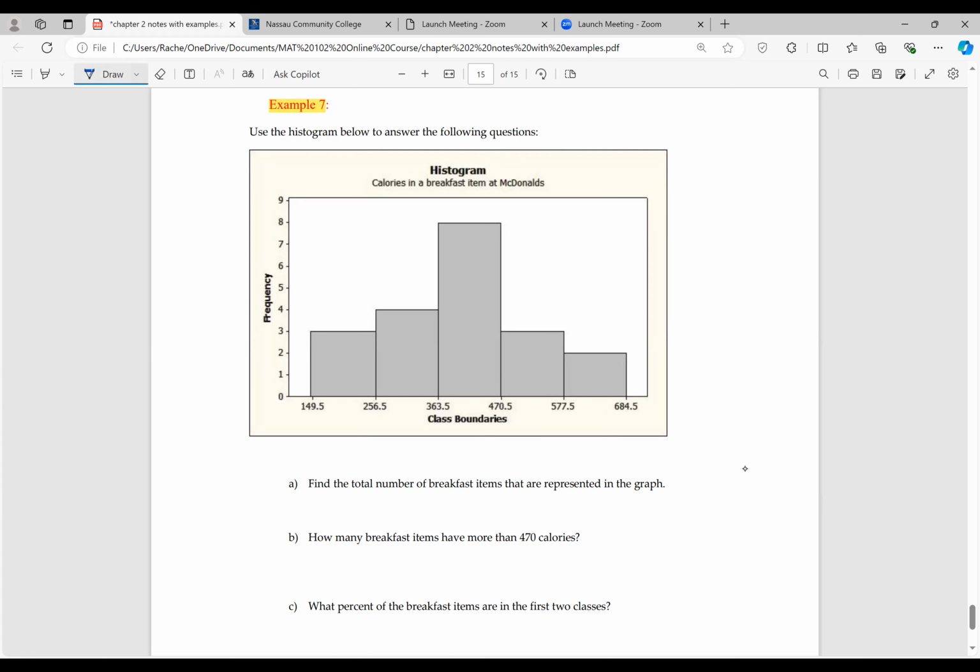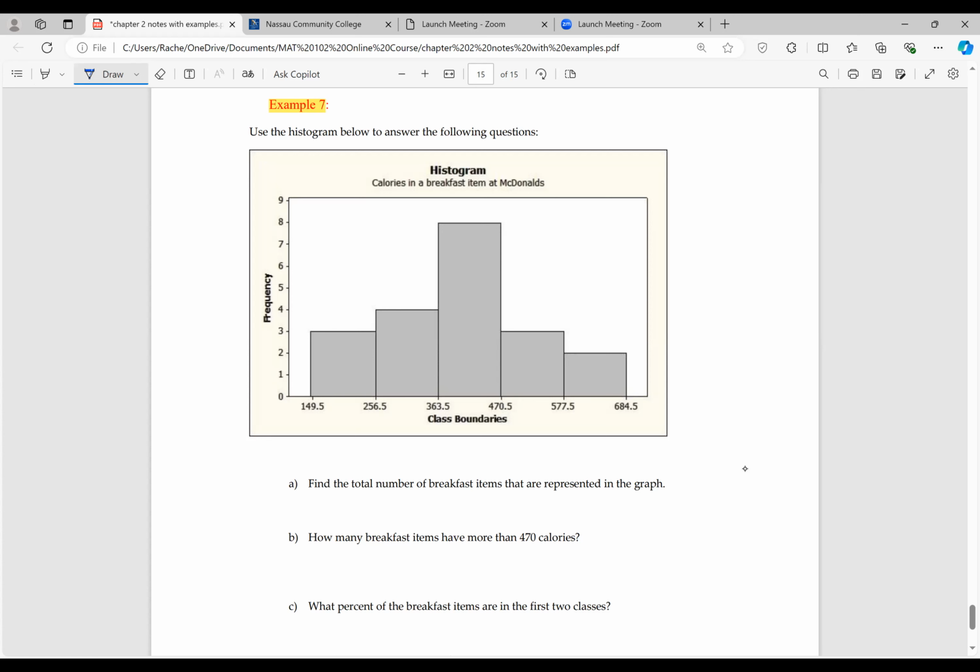Now, we don't have a data set. I wasn't given the calorie content of every single item on the breakfast menu at McDonald's. Instead, I was already given the organized data set as a histogram. But we could work backwards because remember what this histogram represents. The height of each bar is the frequency.